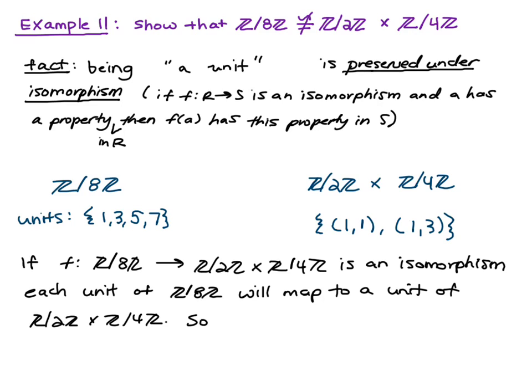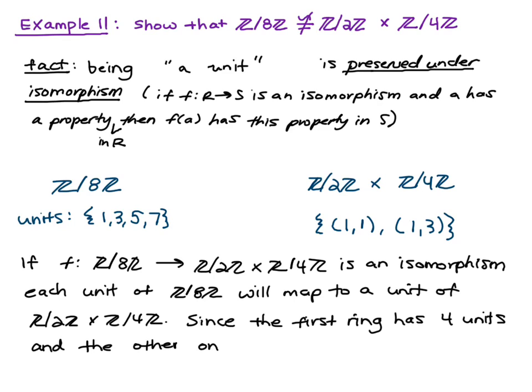So since the first ring has 4 units and the other only has 2, f cannot be an isomorphism.